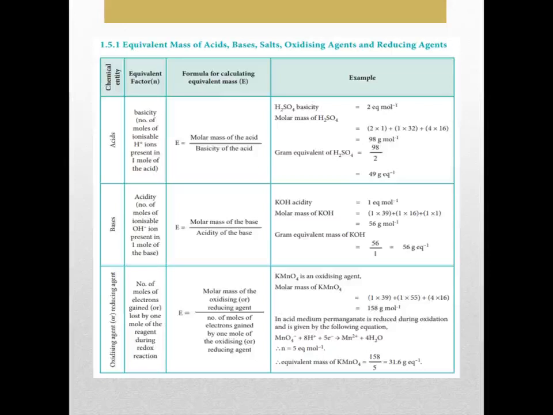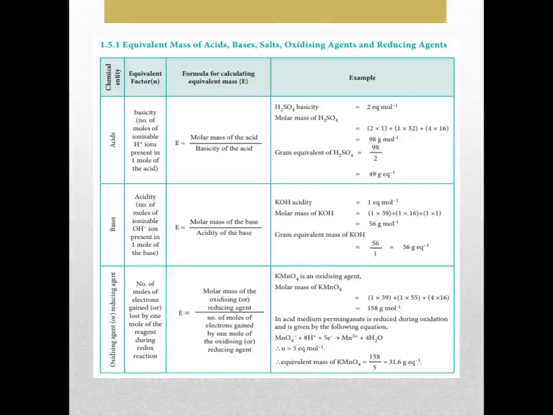Now see here, equivalent mass of acids, bases, salts, oxidizing agents and reducing agents are given here. See first acids. The equivalence factor is n, that is basicity. What is basicity?